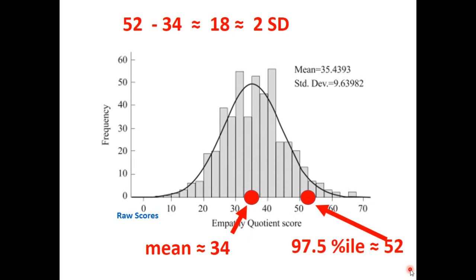Next, we calculate the distance between the two numbers. The distance between 34 and 52 is 18. 18 is 2 standard deviations because 34 and 52 are 2 standard deviations apart. Finally, I divide the distance by 2, and that gives me 1 standard deviation. 18 divided by 2 is 9, so that's my estimate.